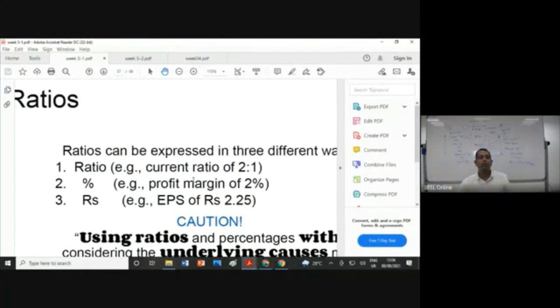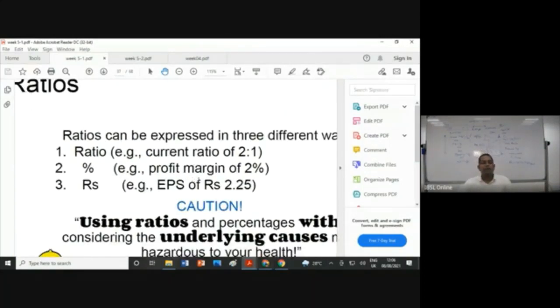Now we are at the ratio level. Ratios can be expressed in three different ways. It can be shown as a ratio, which is 1:2, 2:1, like that. Current ratio is given in the first line.